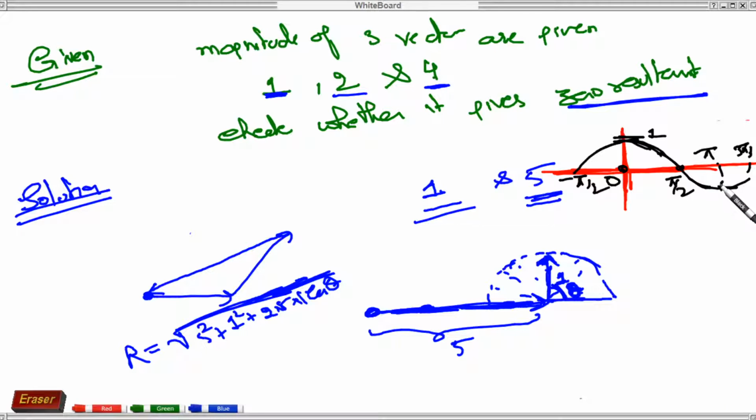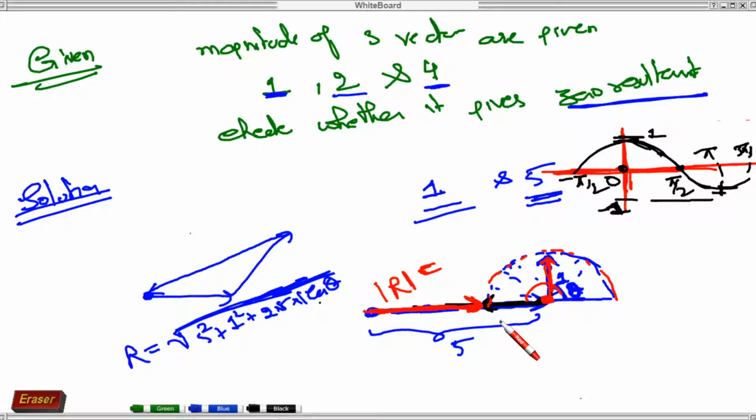One value, minus one value. So when this vector is here, with magnitudes 5 and 1, the minimum resultant value can be 4.